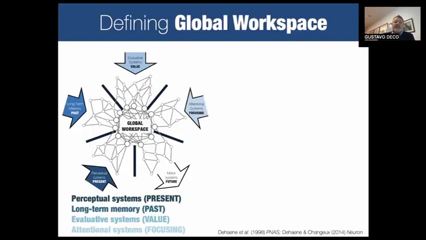So let me start by being a little more concrete about what we mean by hierarchy. One particular example, just to give you a flavor of what we mean by functional hierarchy, can be thought of in the context of the organization of the brain for solving many different cognitive tasks. As you know, that was first formulated by Baars and then refined by Dehaene and Changeux in many papers.